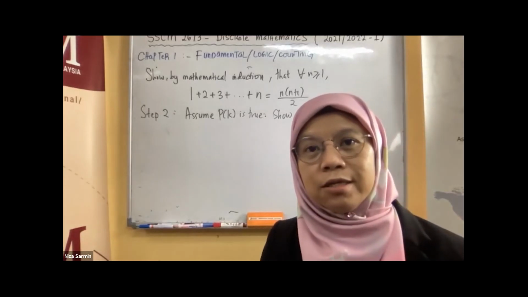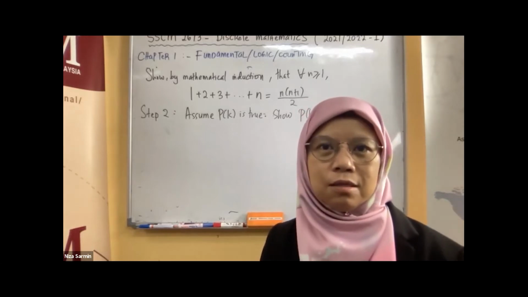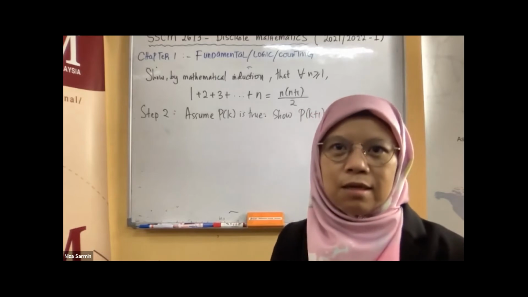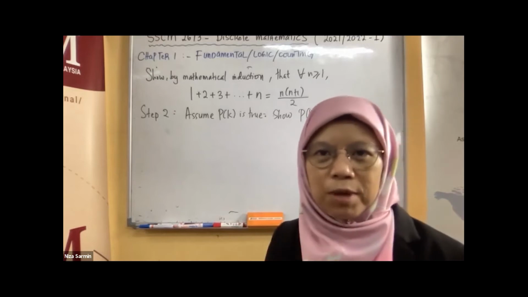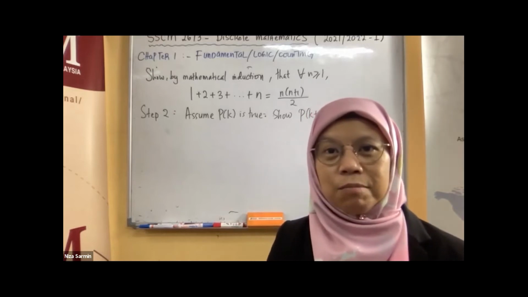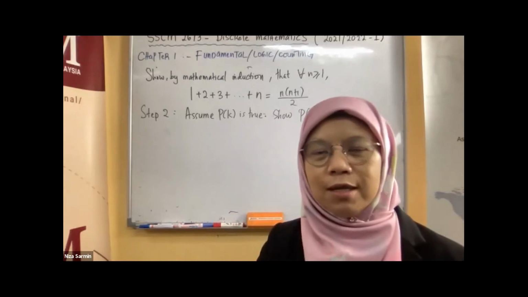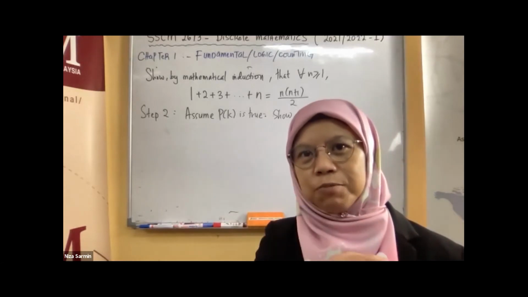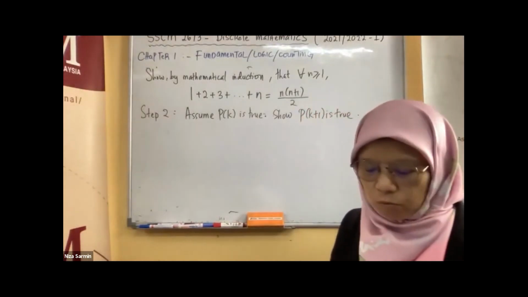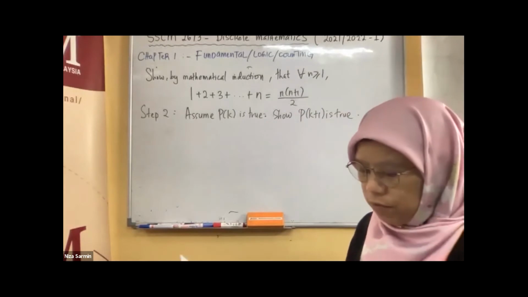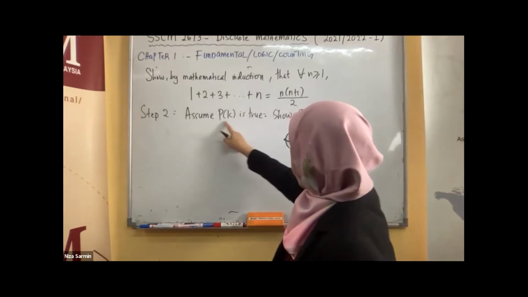But the hard thing is how do you apply the assumption to get the desired part of Pk plus 1? The algebra is normally quite easy. But how do you formulate from the assumption to the hypothesis? This one.